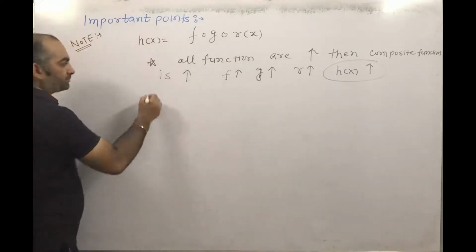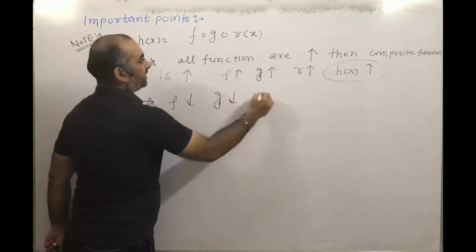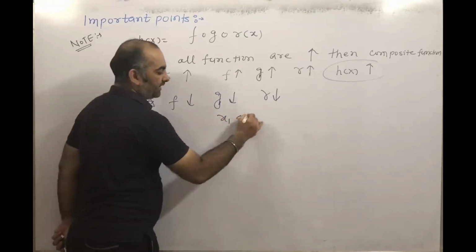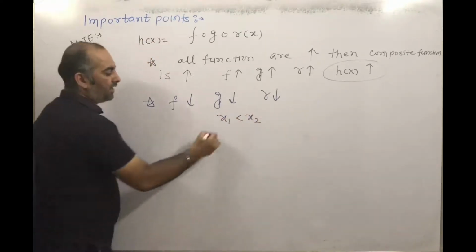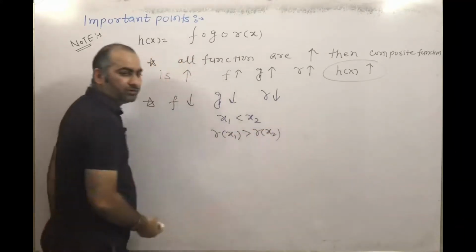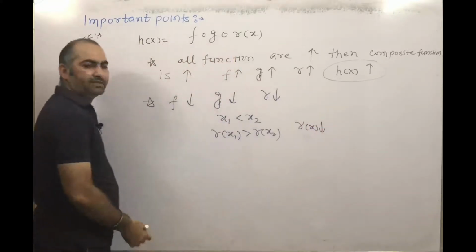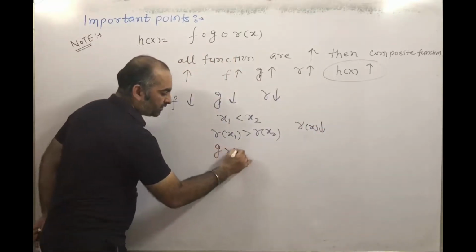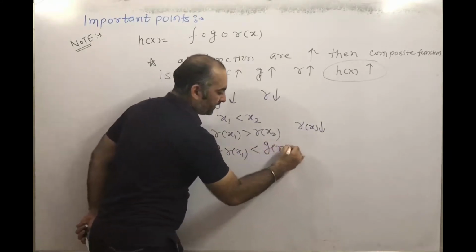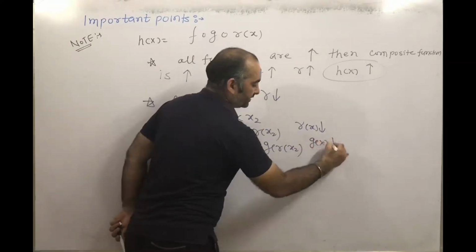Suppose f is decreasing, g is decreasing, and r is also decreasing. Then how to check? x1 is less than x2. Then r of x1 is greater than r of x2, because r of x is decreasing. Next, g of r of x1 is less than g of r of x2, because g of x is decreasing.